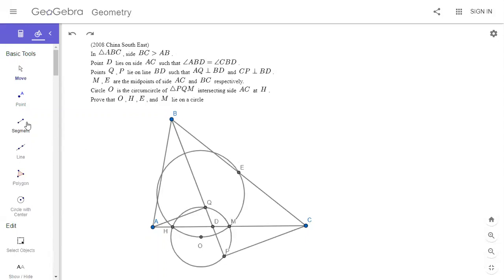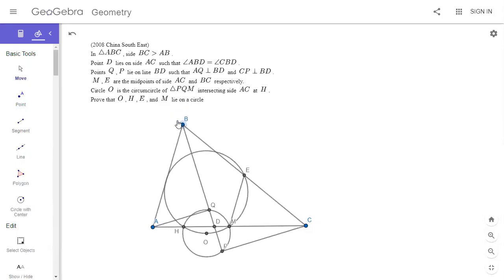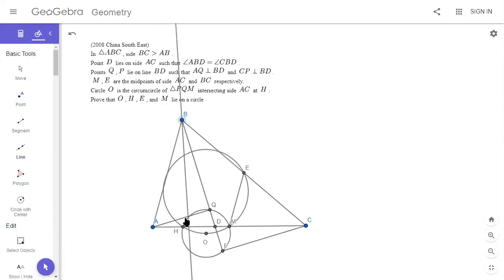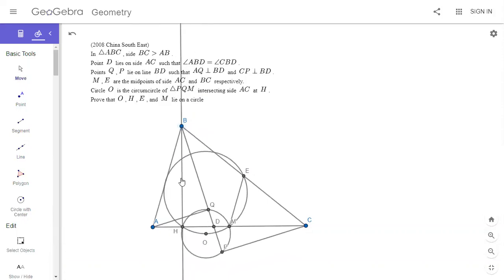So EM is parallel to AB, right? Is AH perpendicular to AC, or, I think BH might be perpendicular to AC. So maybe they kind of gave that away by calling it H, because H is sometimes the foot of the altitude, but I think BH is perpendicular to AC.